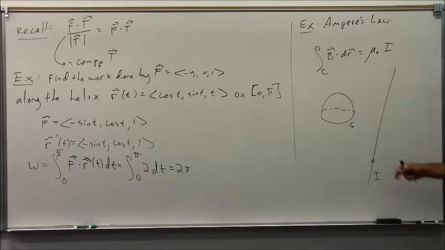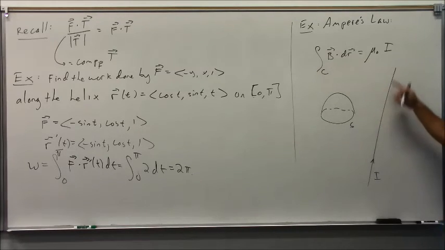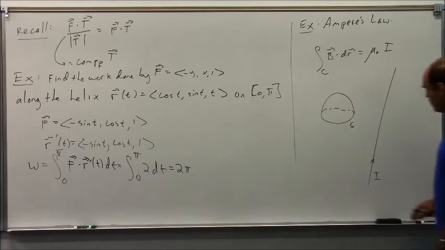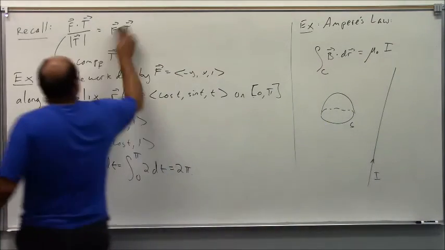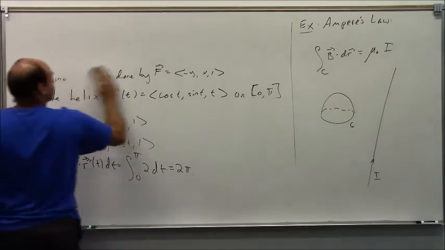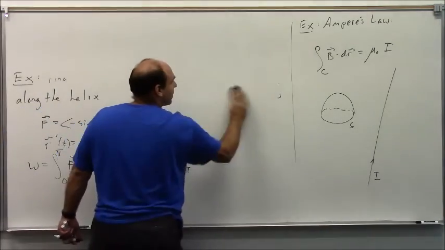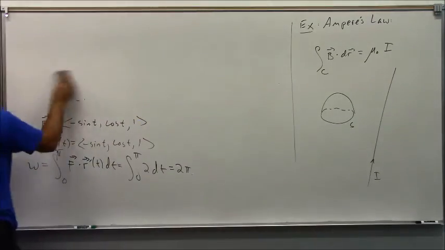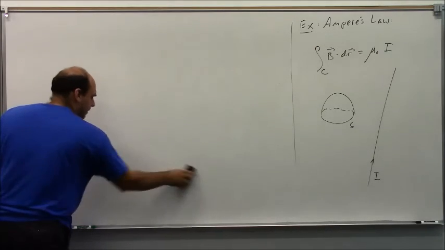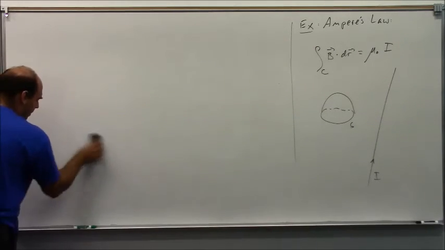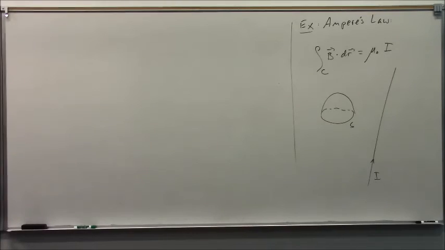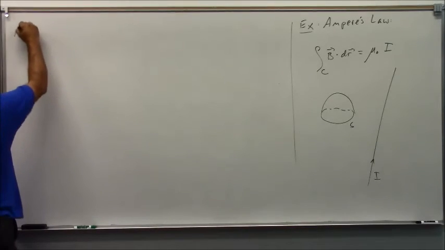B is not just any old magnetic field. It's a magnetic field produced by the current moving through that wire. And then there's this relationship. It's pretty cool. So this is not just this total abstraction or this weird idea that has no application. This turns out to be a pretty important principle, this idea of a path integral of a vector field. I want to make another observation here.